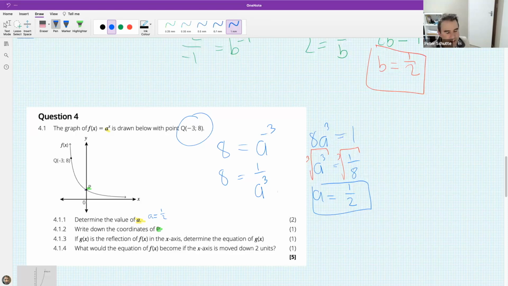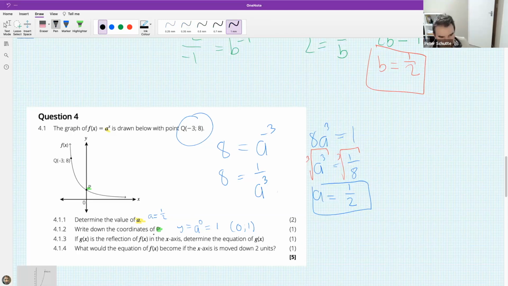Well, that's actually not so bad because x is 0. And so it doesn't really matter what the a value is because it's going to be 1, and the coordinate is just going to be 0, 1. Yeah, that's it. So with exponential graphs, the asymptotes and the intercepts are fairly predictable because of the power of 0.